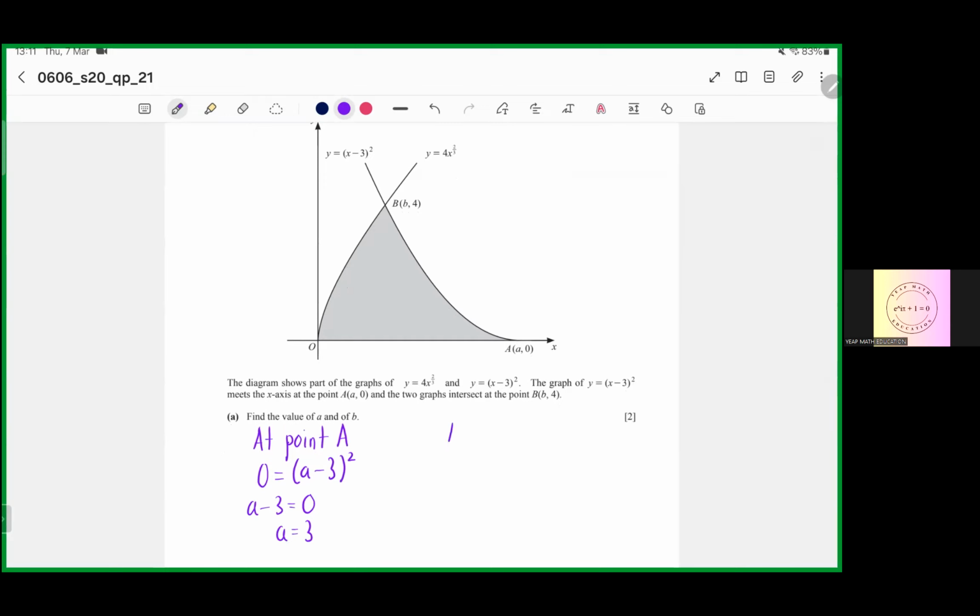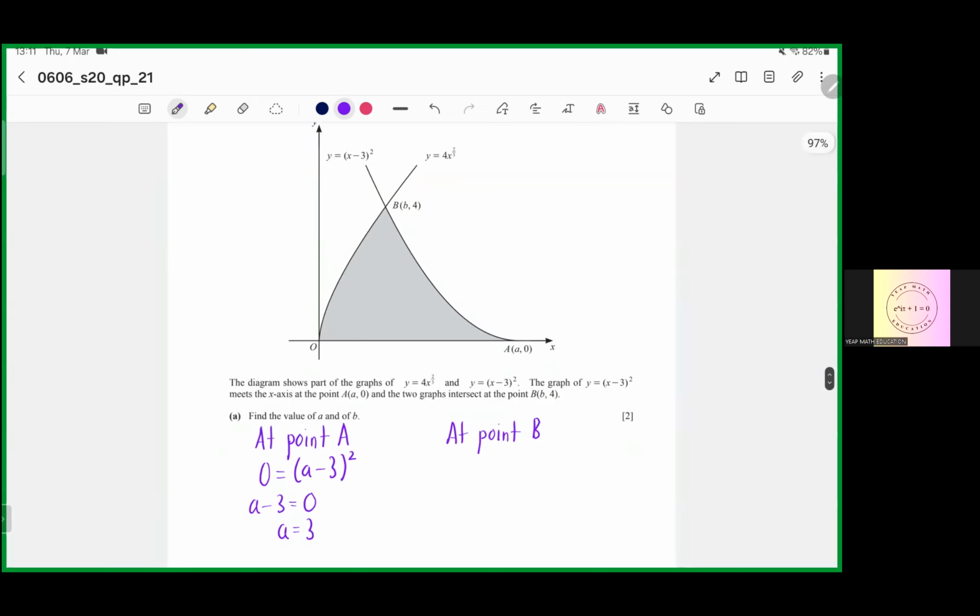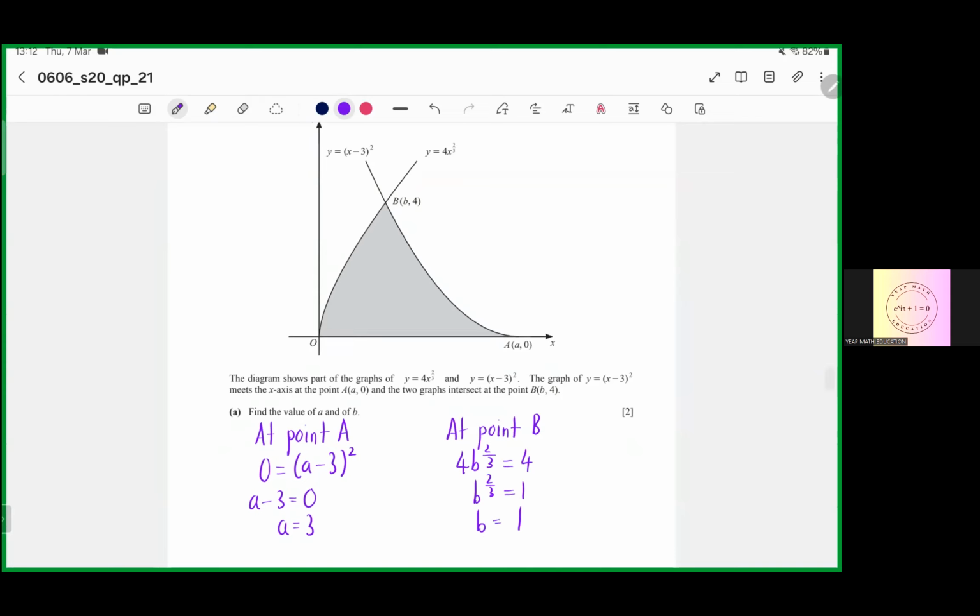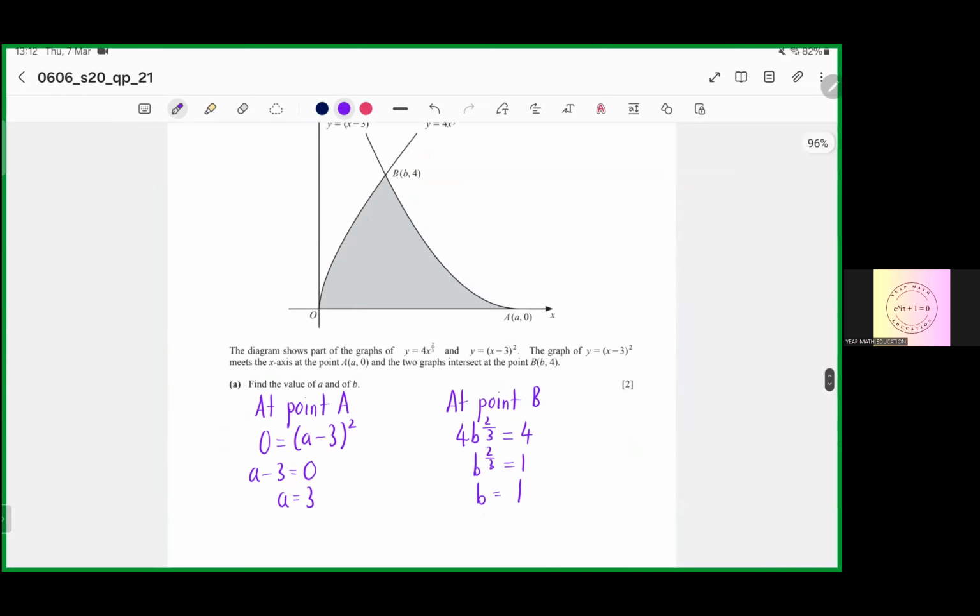And then one more: at point B, 4x to the power of 2 over 3 equals 4. So we get 4B, which I put here as B, so B to the power of 2 over 3 equals 1. So B equals 1. Okay, now we already get the value of A and B.